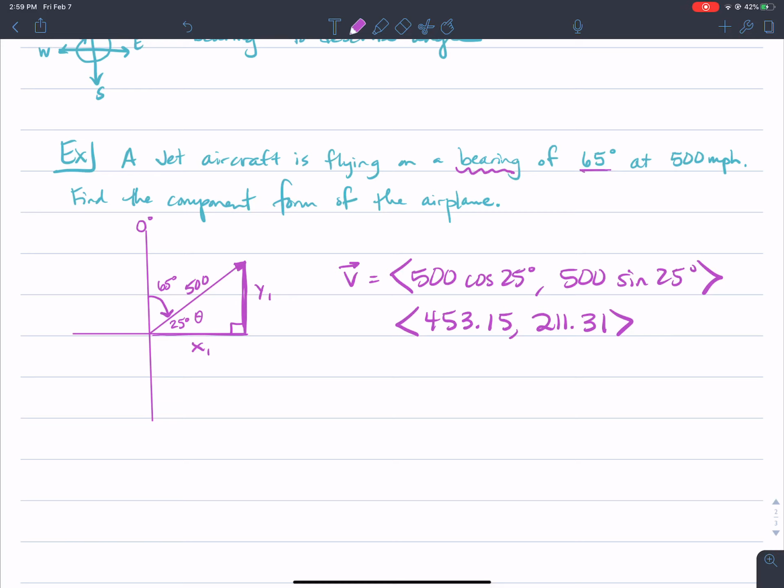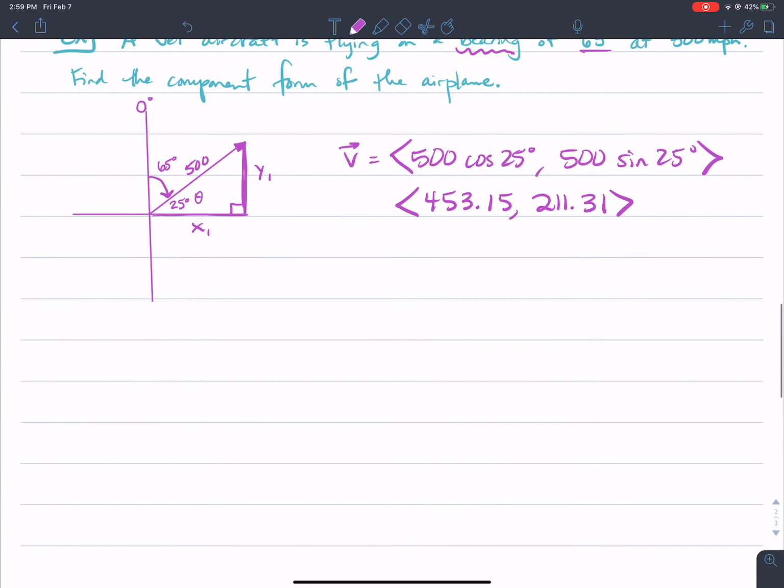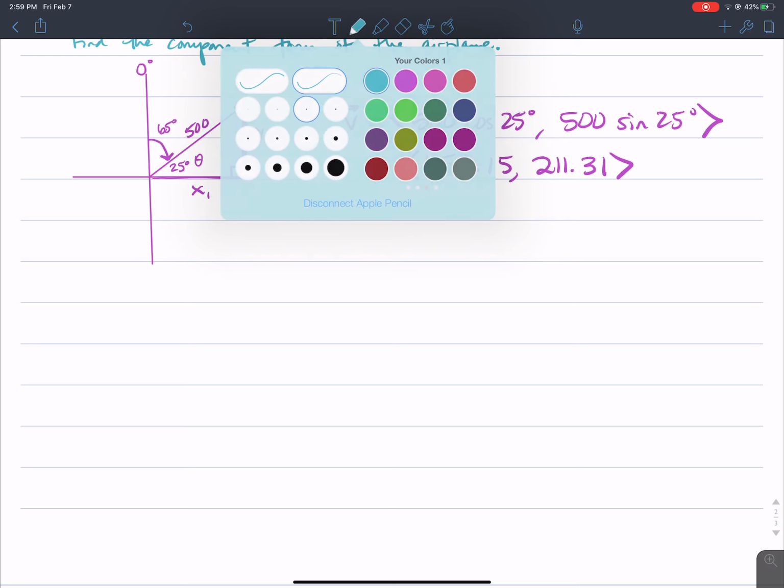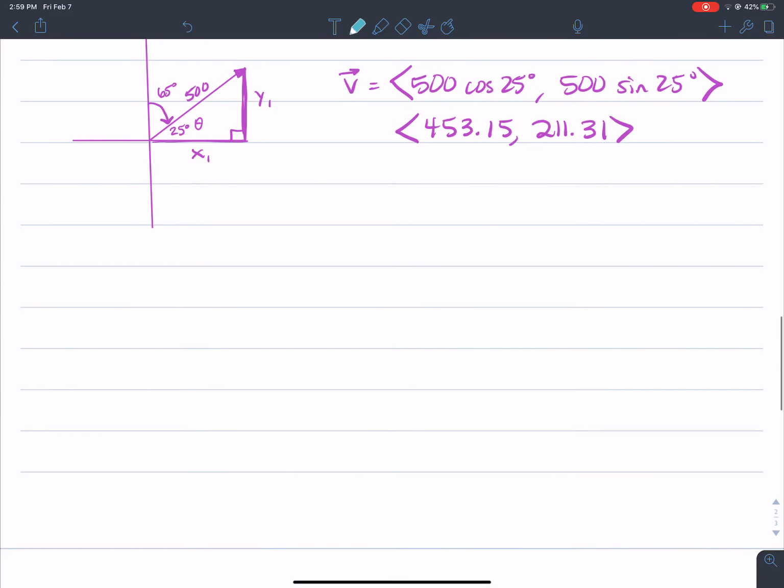Now, the reason we care about having components is so we can actually do a legit problem, because we didn't really do a real problem there. So let's look at an actual problem.